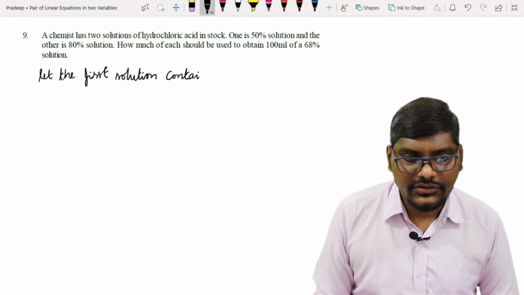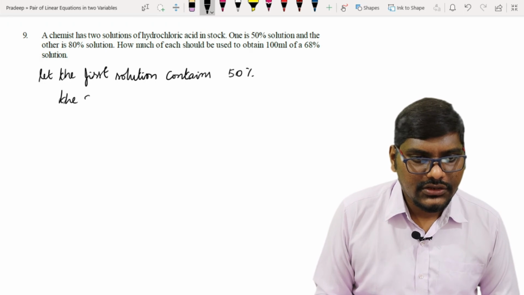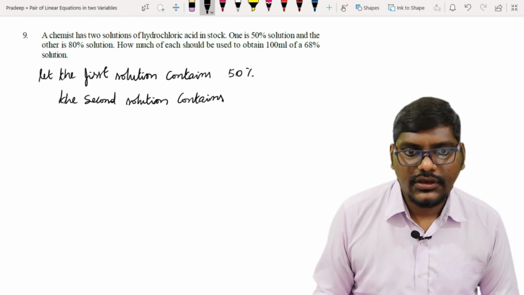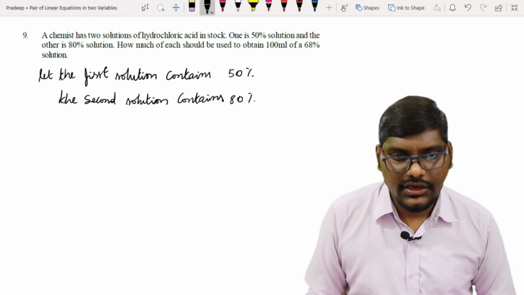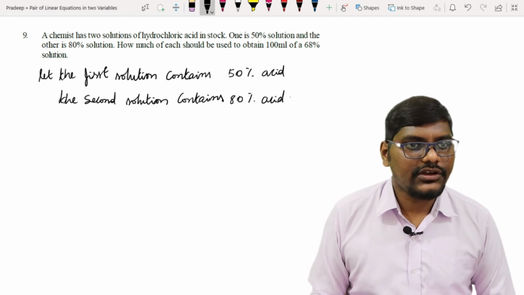And the second solution contains 80%. Of course, acid: 50% of acid and 80% of acid it is having.